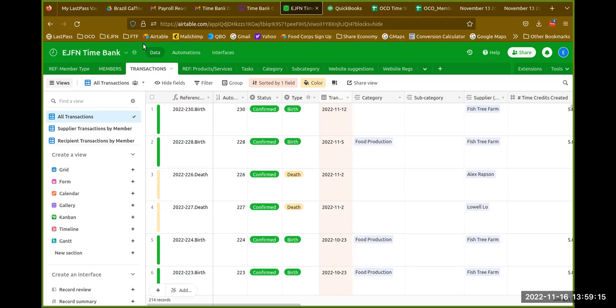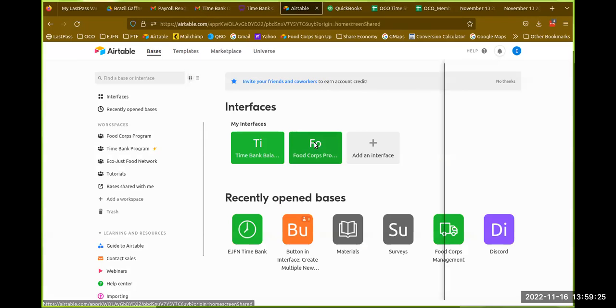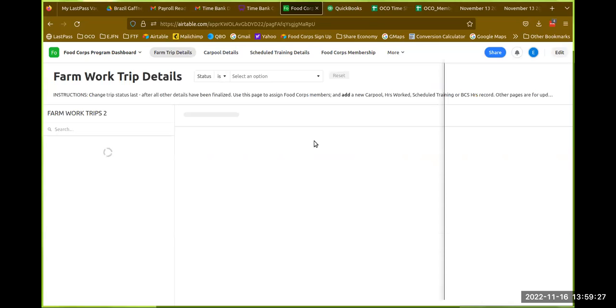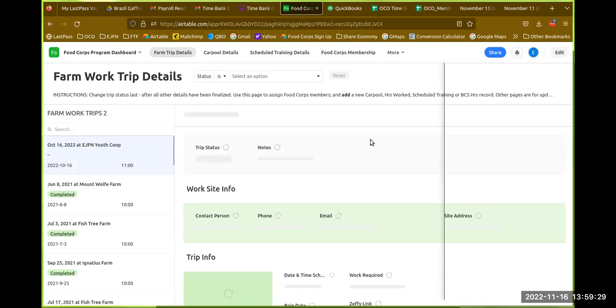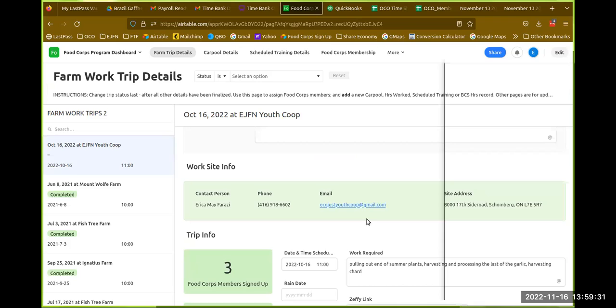As an aside, we manage the food corps work trips and who signs up for them and how many hours each person generates on the food corps trip through this food corps Airtable.